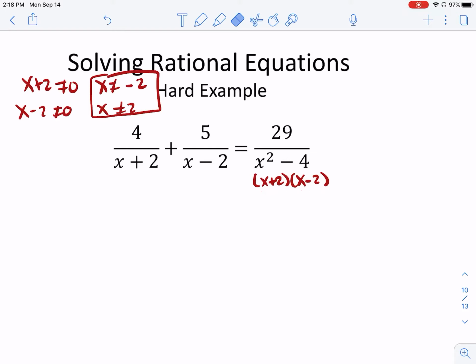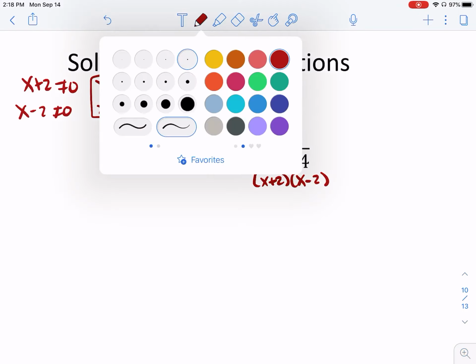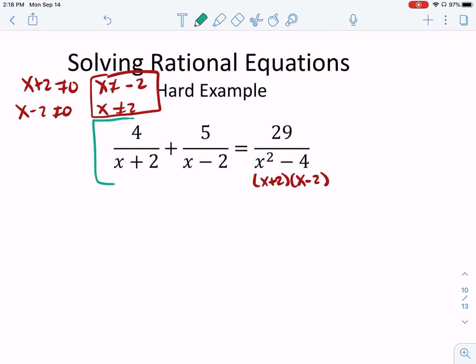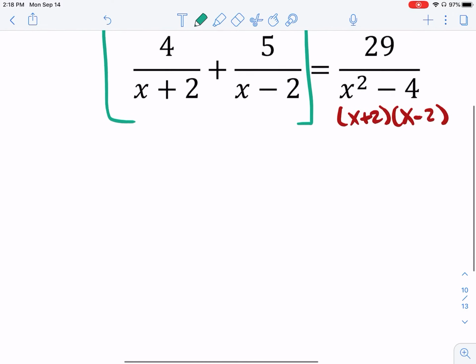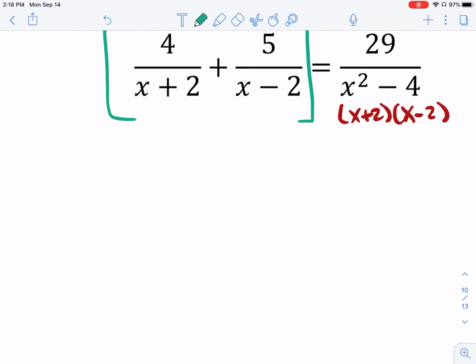I now can go ahead and say I know that I need to add on this side. I'm not going to move anything over here because neither of these have a perfectly common denominator over here. So I'm just going to work on these. As I look, x plus 2, x minus 2, they do not have anything in common. So both of them are going to need to be multiplied by a well-chosen one in order to get a common denominator.